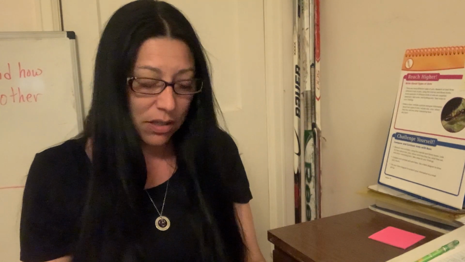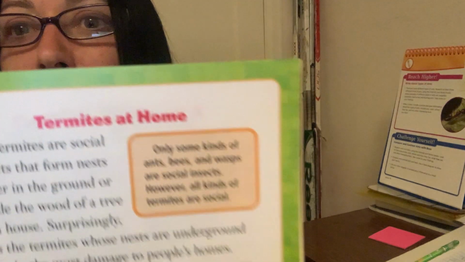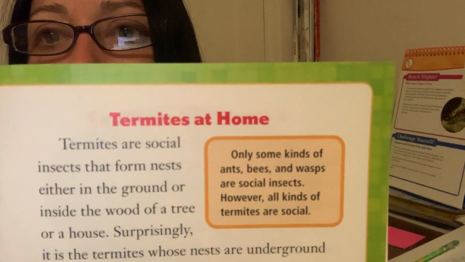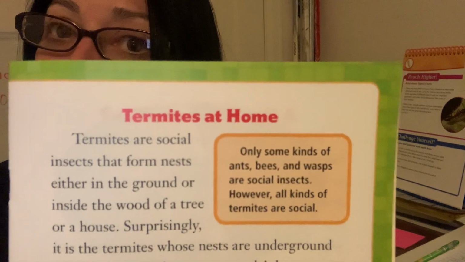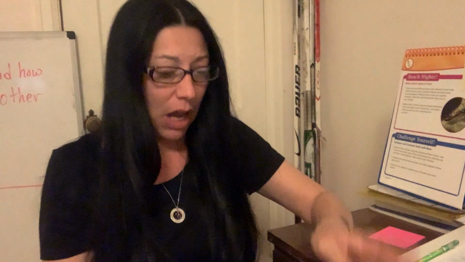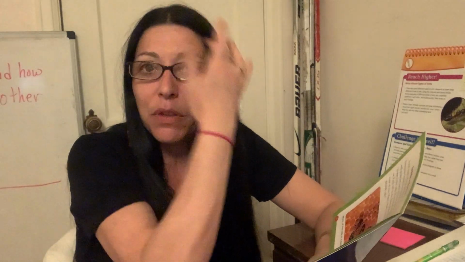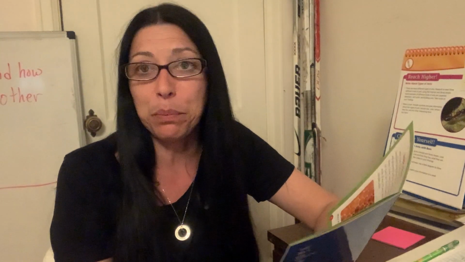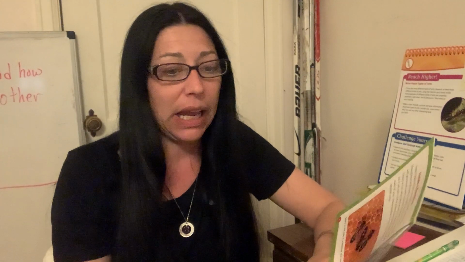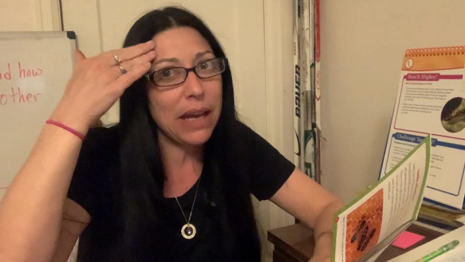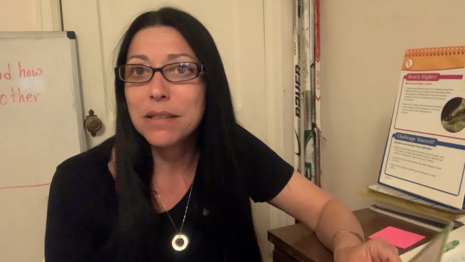So the next subheading is termites at home. So I've been talking a little bit about the subheadings, giving you some examples of those subheadings as I read through the book. And those subheadings should make you think, what am I going to read about next?